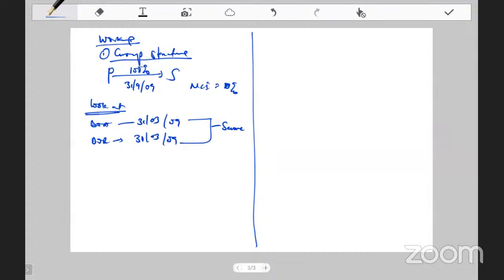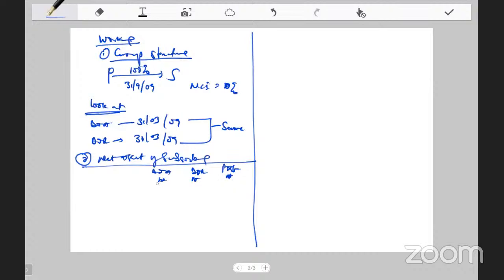Having done that, the next step, step 2, is for us to calculate the net asset of the subsidiary. For the net asset of the subsidiary, we need information: date of acquisition, date of reporting, and the post acquisition.